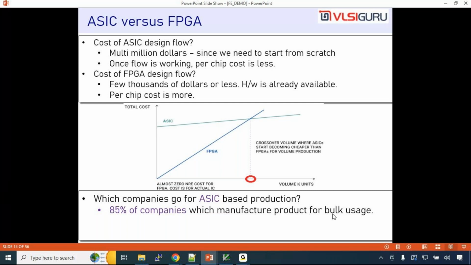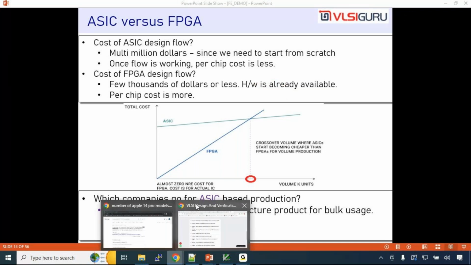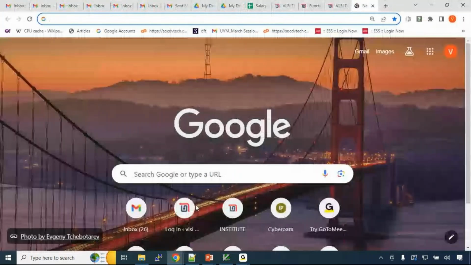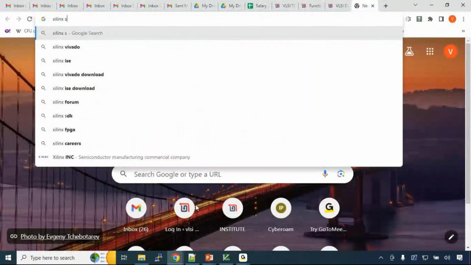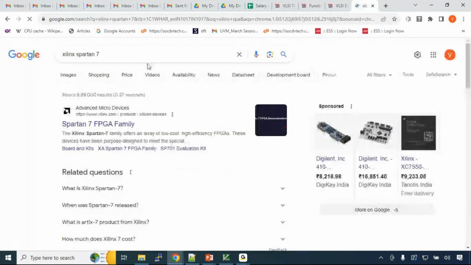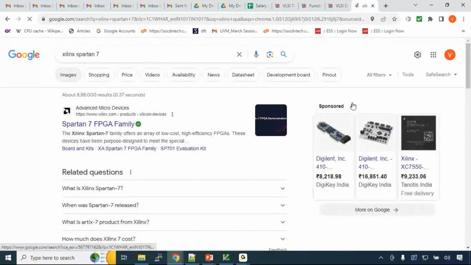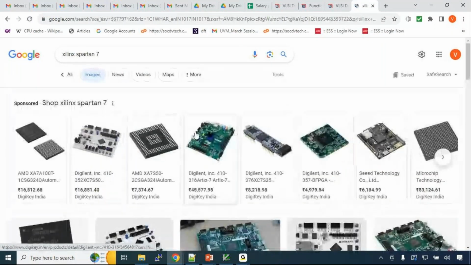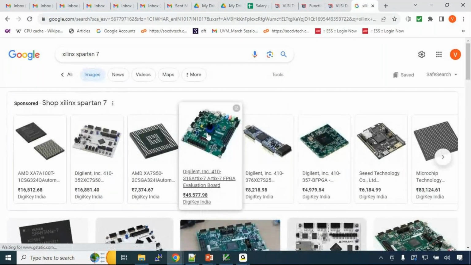The chip size will be small. Have you seen an FPGA board at any time? You might have seen, right? The Spartan board and all that. This is how it looks.